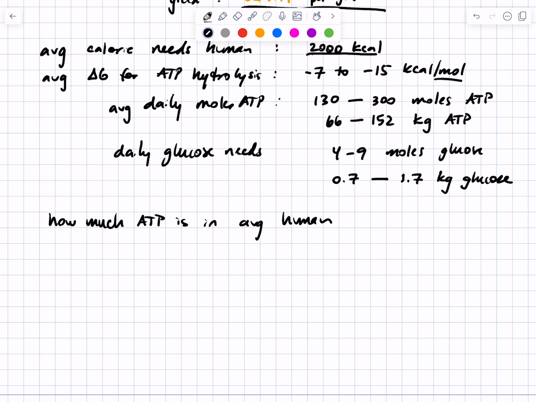To do this, you need to know the average ATP concentration, which I looked up, and it took me a while to find a source that seemed accurate. The number I came up with was between 3 and 4 millimoles per liter in you.